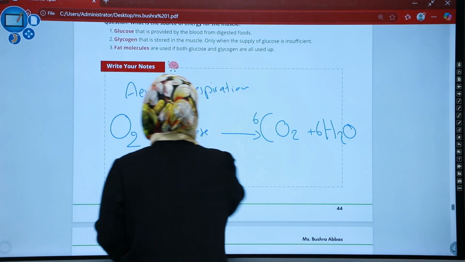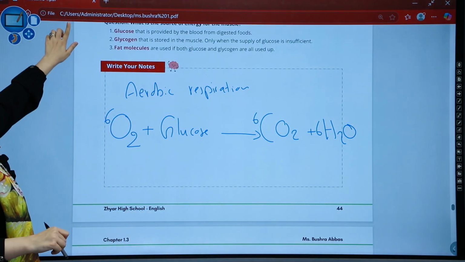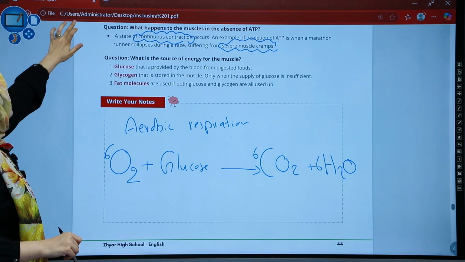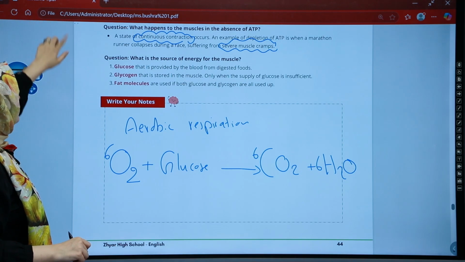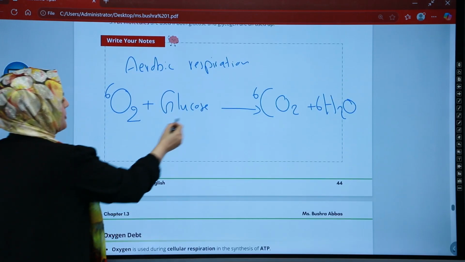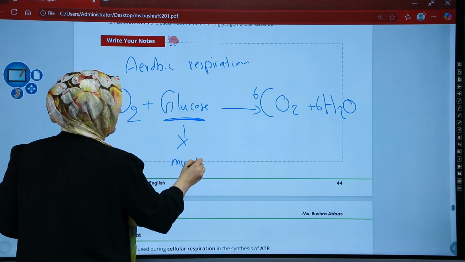We have 6 this, 6 this, 6 that. In muscle fatigue, we have a problem here. If you don't have this, you have muscle fatigue.